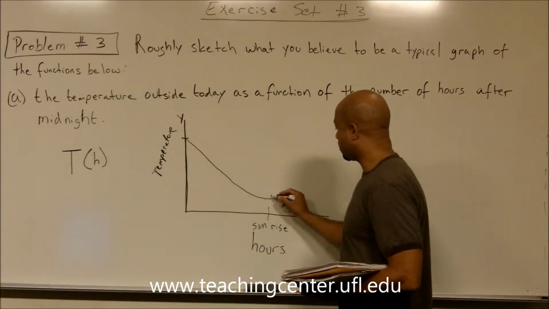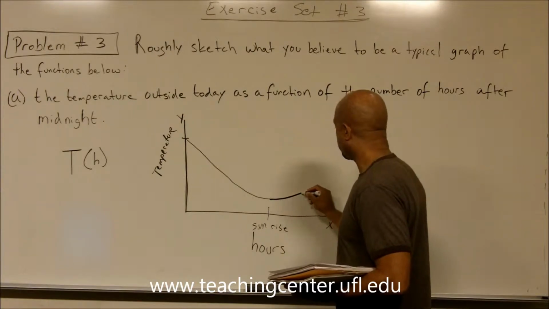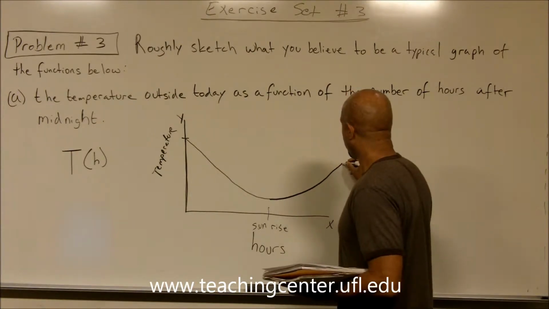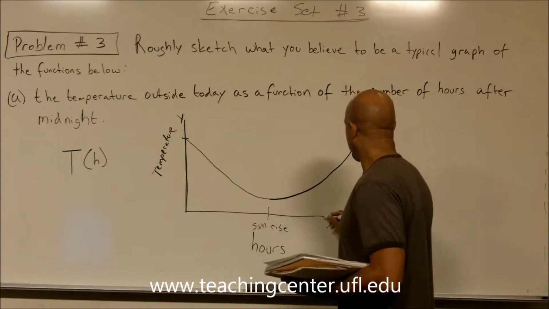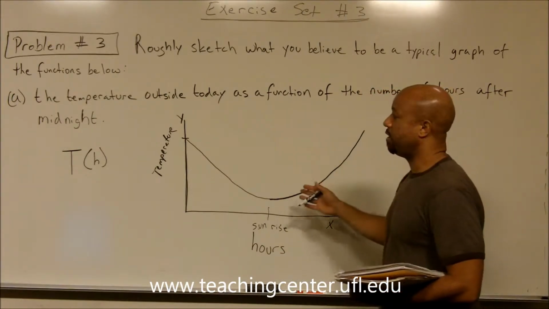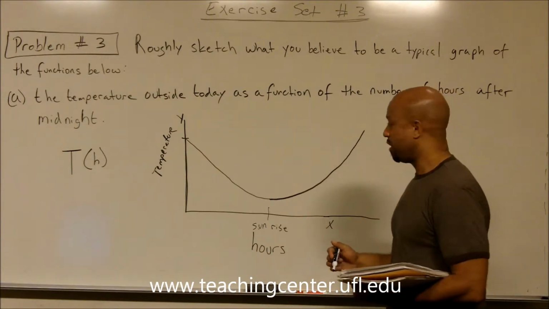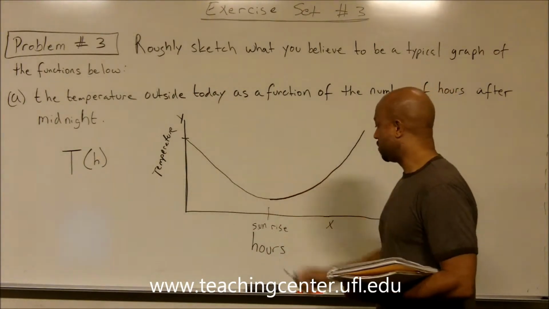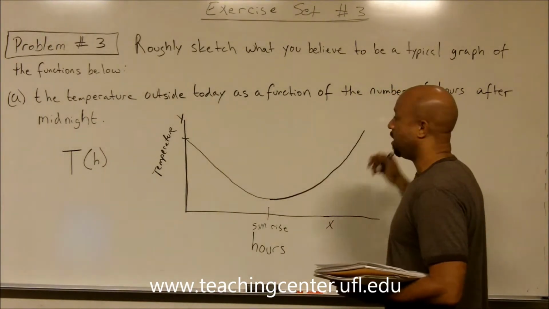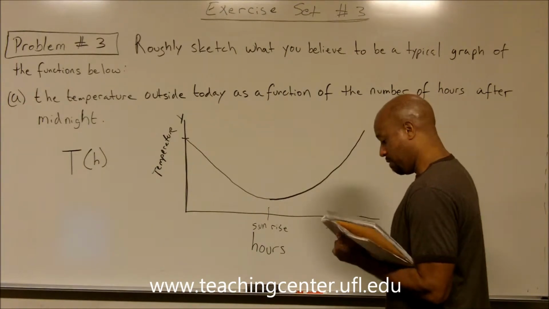At sunrise, the sun's going to come out, and it's going to start heating the temperature back up. So we should get a graph that looks something like this, that relates temperature to the number of hours after midnight. Now let's do part B.